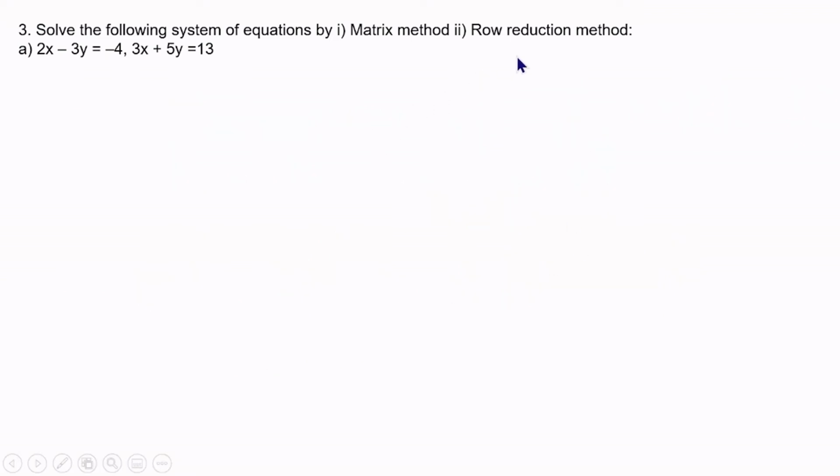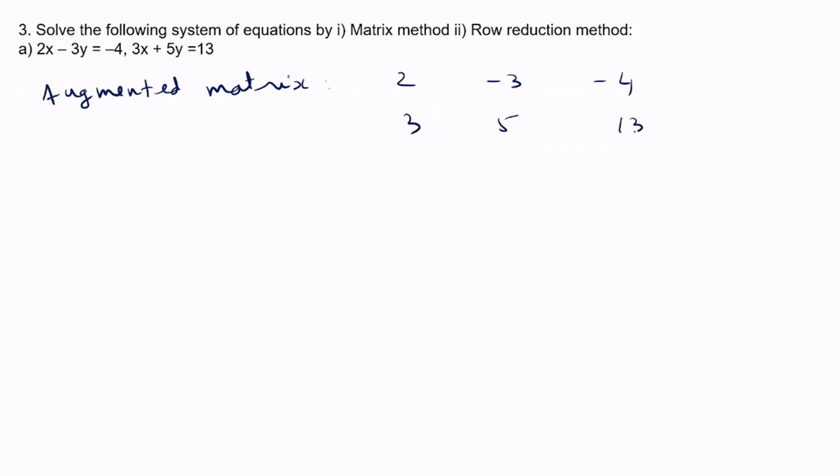Now moving on to row reduction method. First let us write the augmented matrix. So the augmented matrix is 2 minus 3 minus 4, 3, 5, 13.